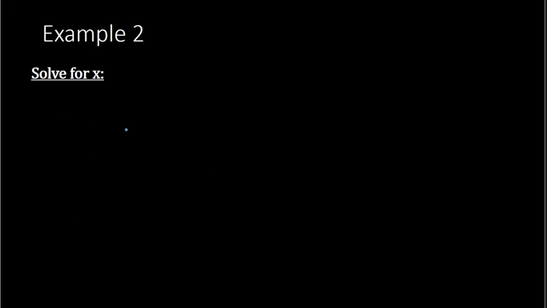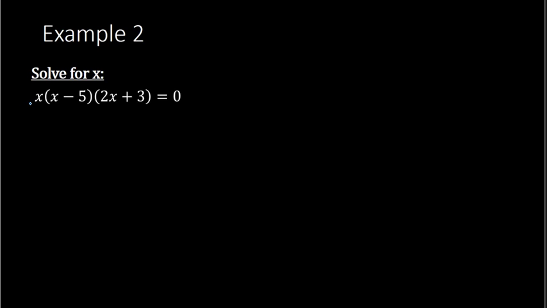Okay, example 2. We have three things multiplied together. We have x times x minus 5 times 2x plus 3. So same idea. With the zero product property, we know that when we have two or more numbers multiplied together, and the answer is 0, that one of those numbers must equal 0.